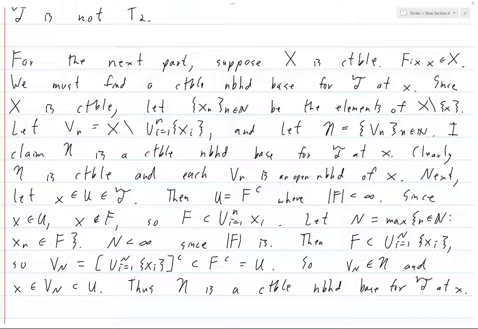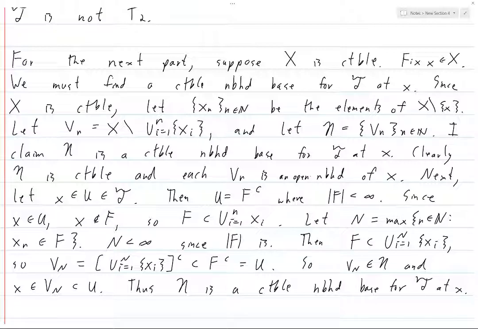But in any case, what we've proven here, the main thing, the tricky part, is proving that for any open set U containing X, there is an element of the neighborhood base V such that X is contained in V, which is contained in U. And that's what we've proven, because V sub capital N does that.